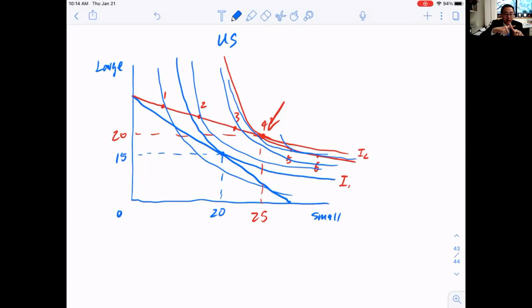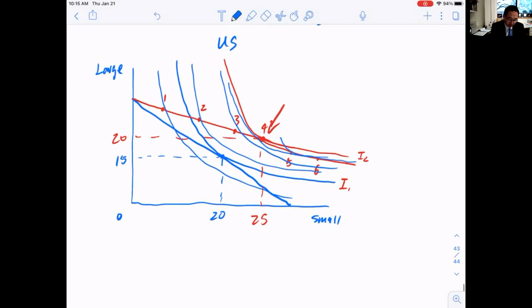Indifference curves will never cross, because if they cross, that wouldn't make any sense from human behavior. That means sometimes you prefer one good more, sometimes less, even though the quantities are very similar, and that doesn't make sense to any rational person. So since indifference curves cannot cross, the point that lies tangent to an indifference curve on that consumption frontier is going to be the highest level of utility we can achieve as a nation. That's the level of trade that makes us the happiest. Does that make sense?